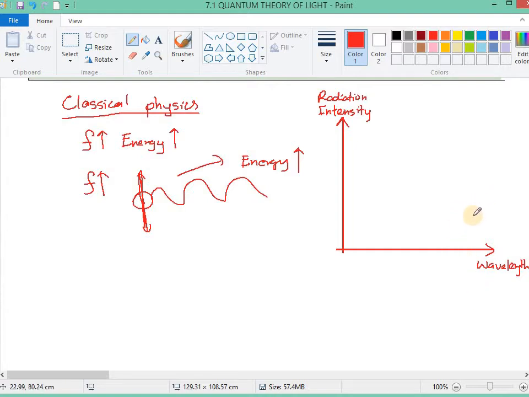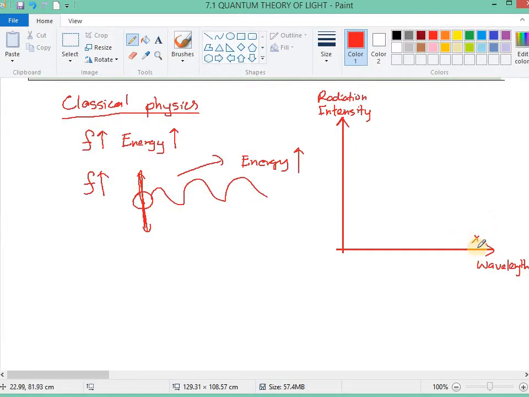If the wavelength is longer, that means the frequency is low. So the intensity, the amount of energy emitted at long wavelengths, should be low.